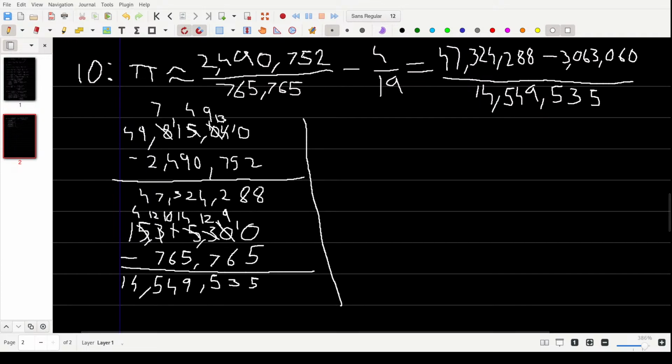And then we subtract the numbers. Okay, shouldn't be too bad. 3 to 4, 2, 8, 8. My lunch is gonna go cold if I don't eat it.